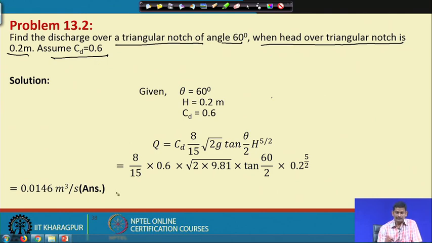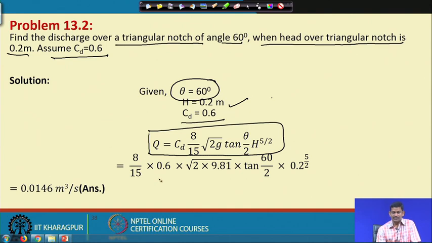So the given values: theta is 60 degrees, H, the head over the crest, is 0.2 meter, and C_d is 0.6. Substitute into the equation for the triangular notch, if you remember this equation. Put in all the values and you will get the discharge as 0.146 meter cube per second.